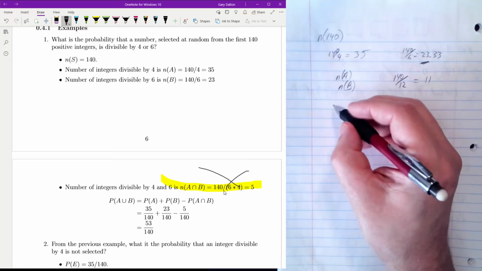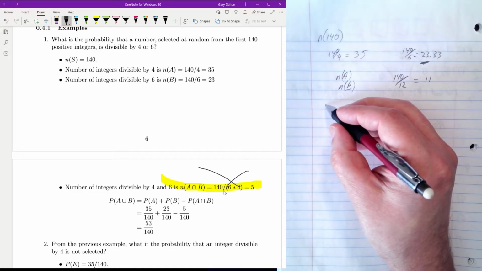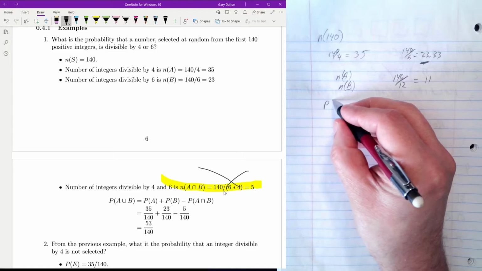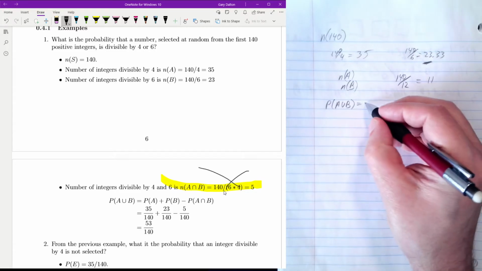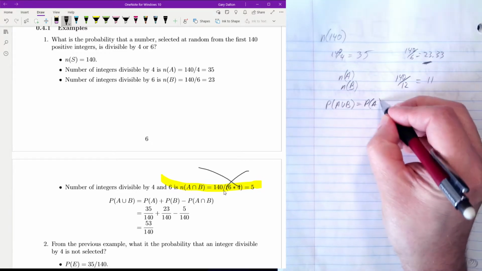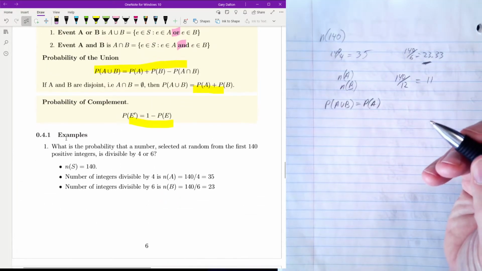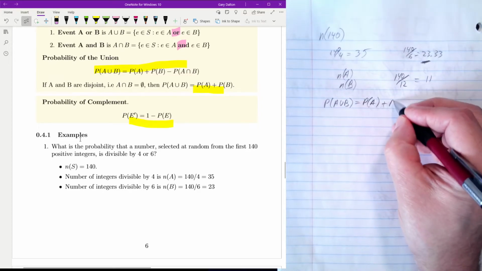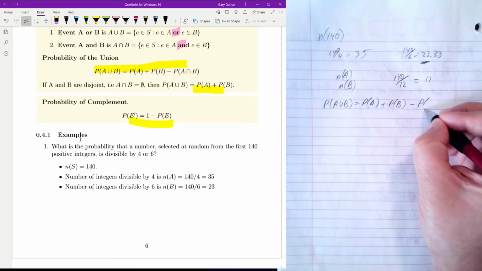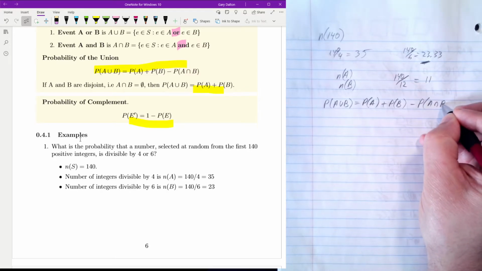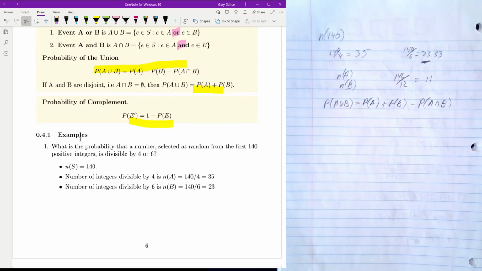So now we have the probability of A union B is equal to the probability of A, go up above, plus the probability of B minus the probability of A intersect B. And now we're just going to use our numbers.